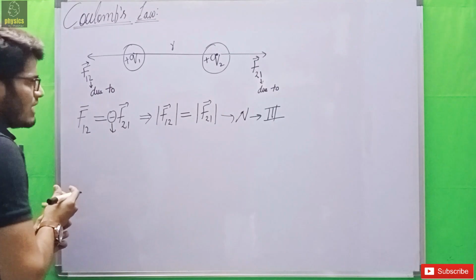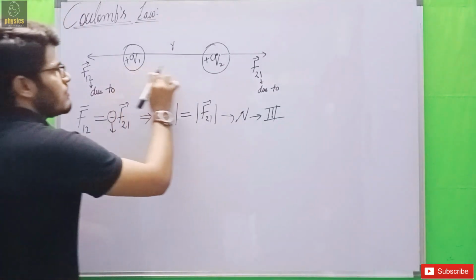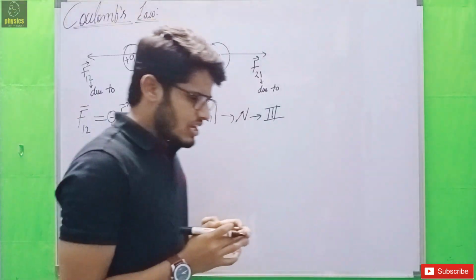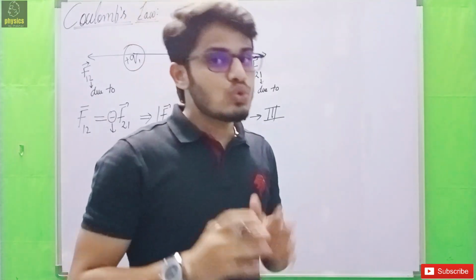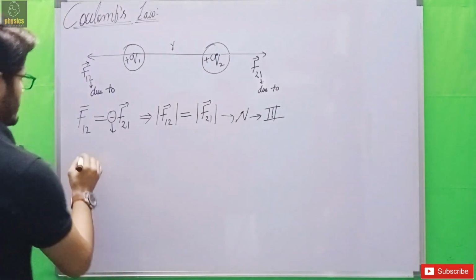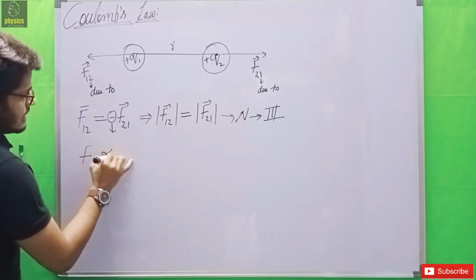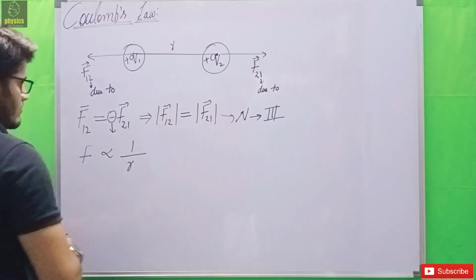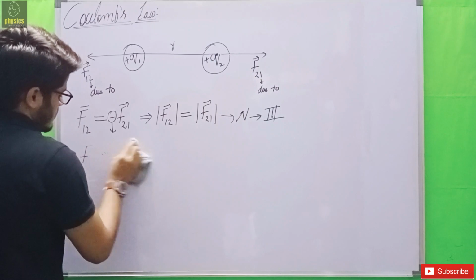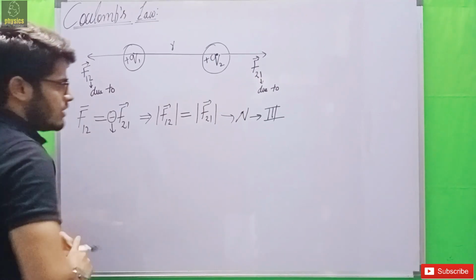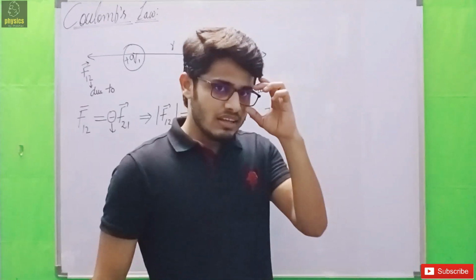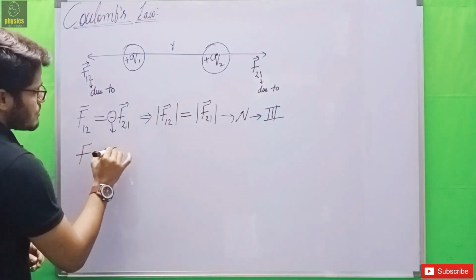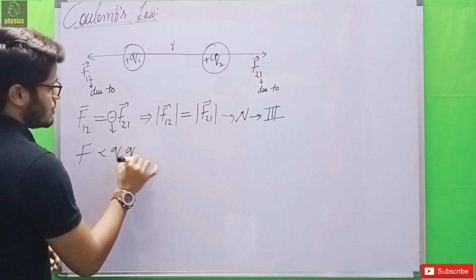Okay, now one more thing is that the force between the charged particles is inversely proportional to the square of the distance between them. And there's one more thing you can see from this law: the force is directly proportional to Q1 Q2.